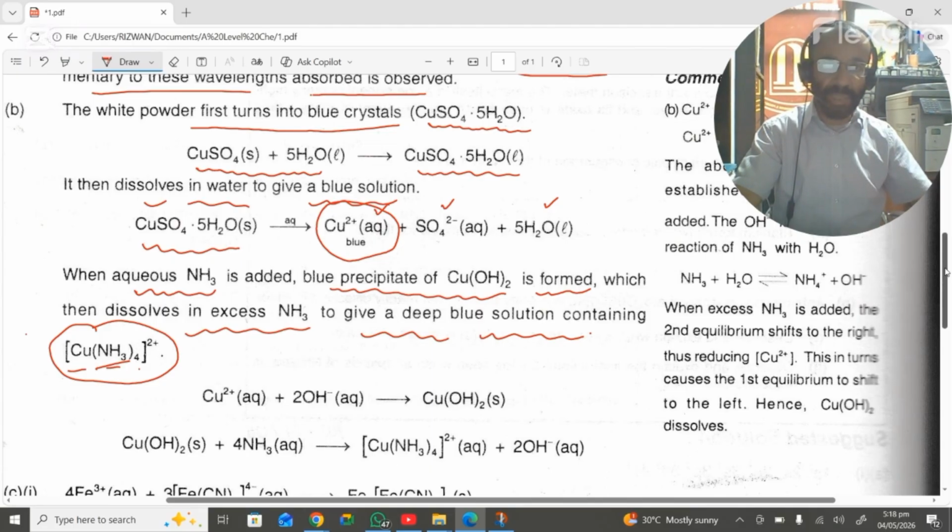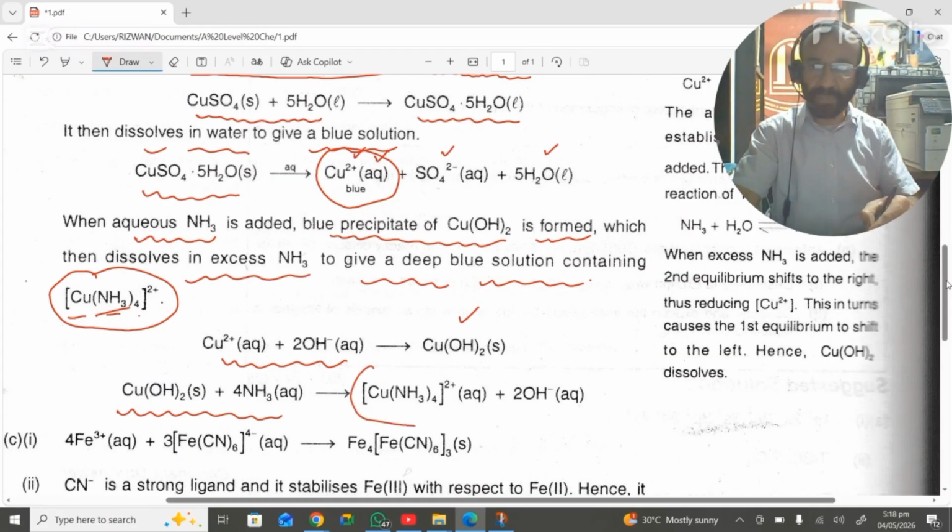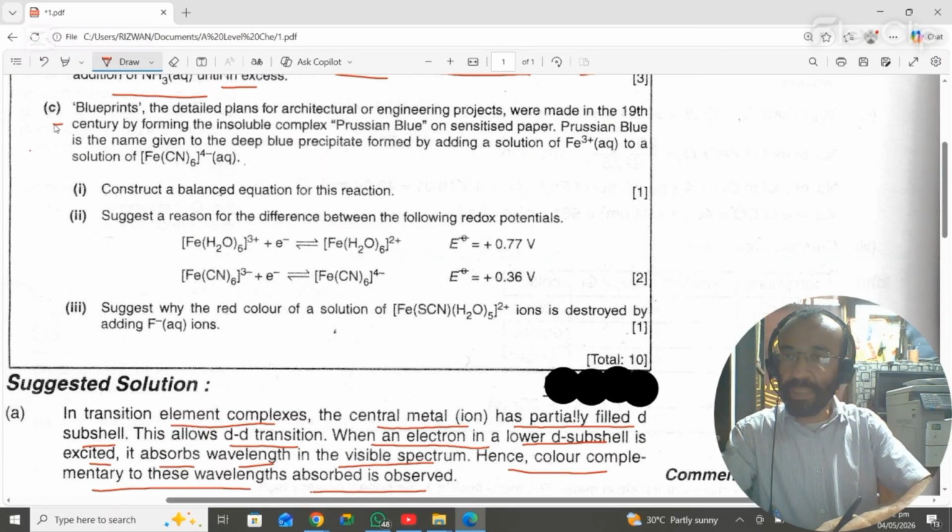So look now, the copper ion which was formed here will further react to form copper hydroxide. This copper hydroxide will dissolve in ammonia to give the tetraamminecopper ion, which is responsible for the deep blue coloring.